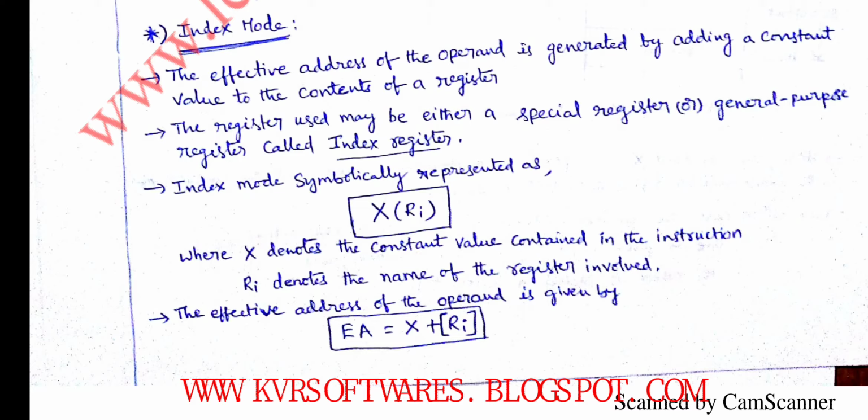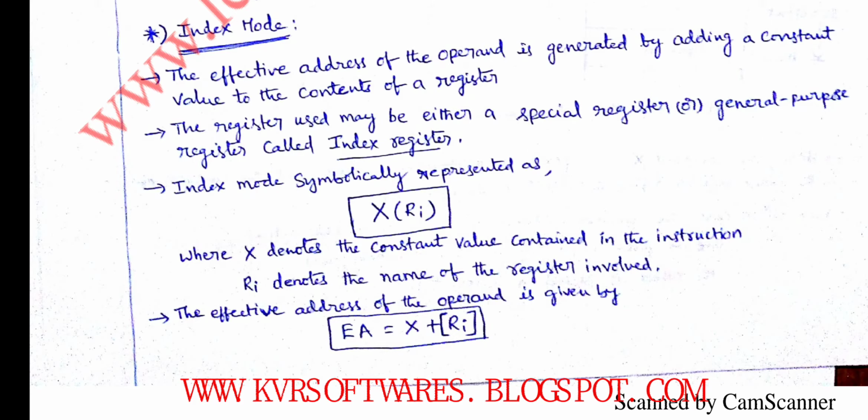We have to use some register and add the constant value to the existing register, then we get an effective address. That effective address contains the content whatever you need.